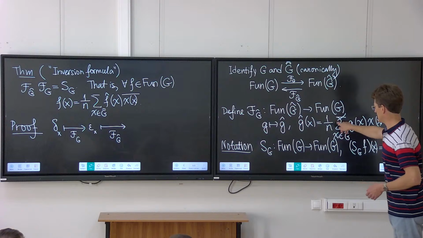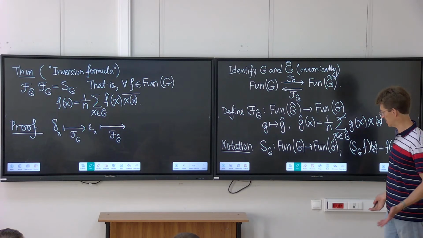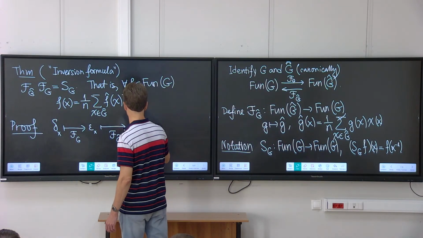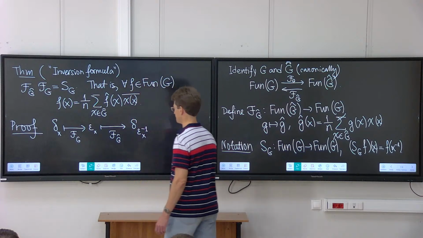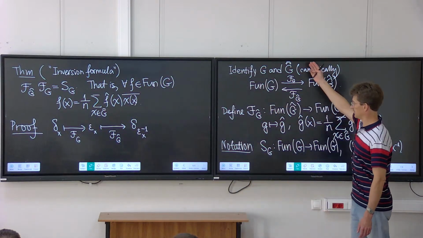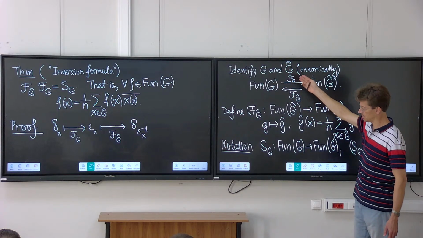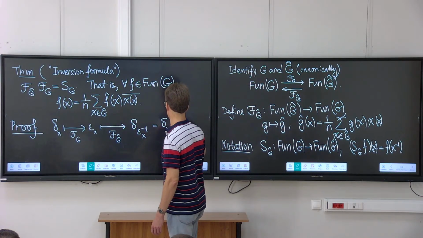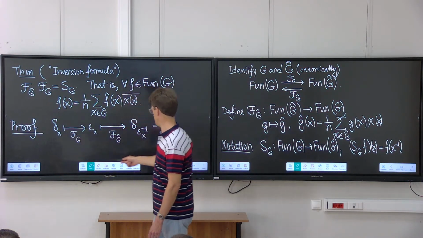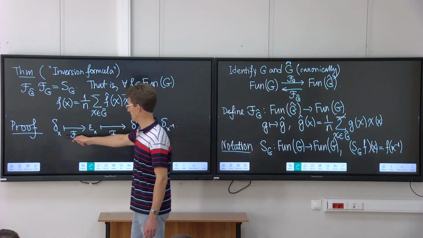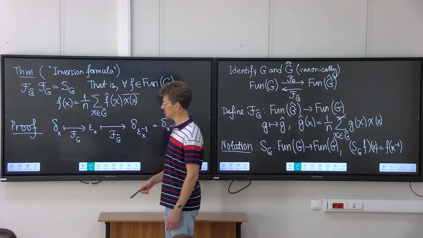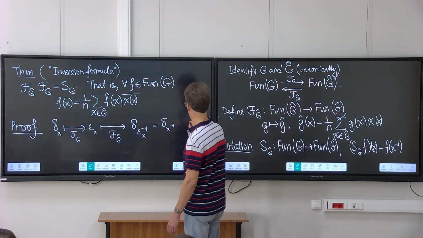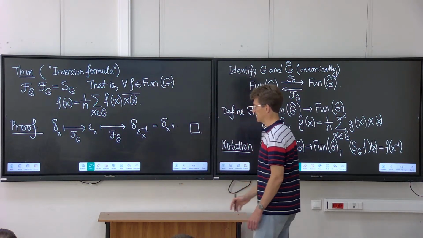But we have the constant 1 over n here, so there is no need to multiply by n, and we get a delta function concentrated at epsilon x inverse. But our convention is that G and G double hat are canonically identified, so this is nothing but delta x inverse. So for delta functions, this formula is true, and since they form a basis in the space of all functions on G, the formula is always true. It is true for every function f on G.